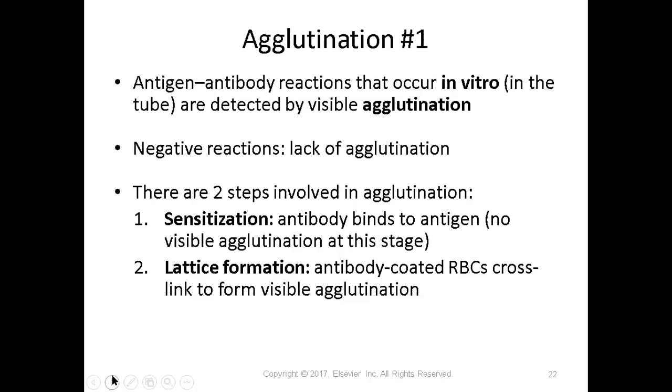And the reason we know the antigen and antibody have come together is by visibly seeing agglutination or clumping of the red cells. So if antigen and antibody did not come together to form a complex, that's a negative reaction, we're not going to see any agglutination.